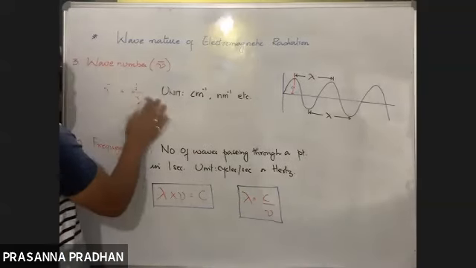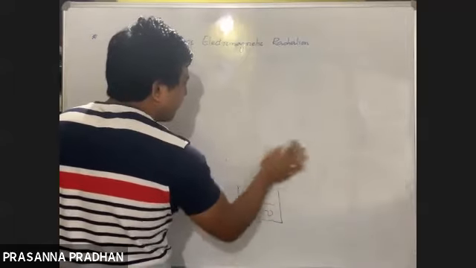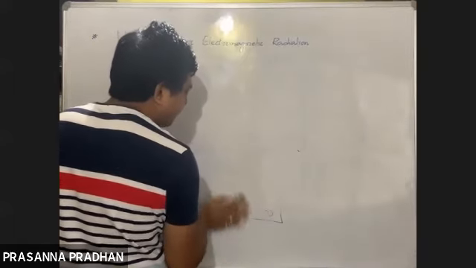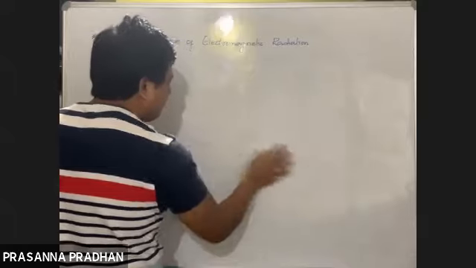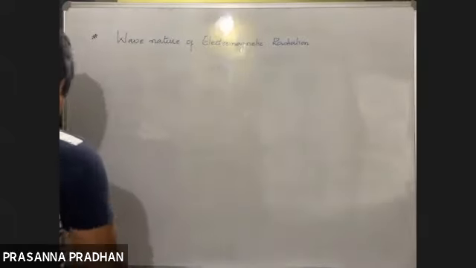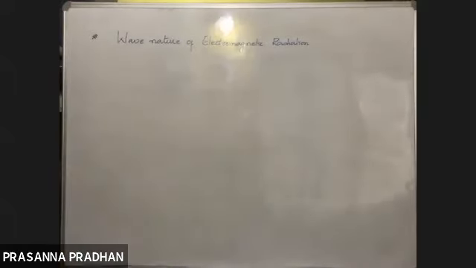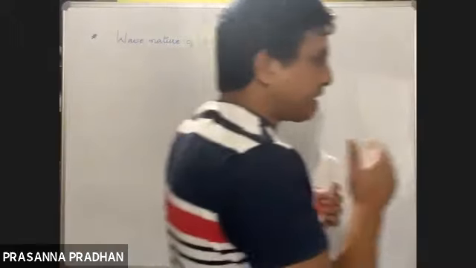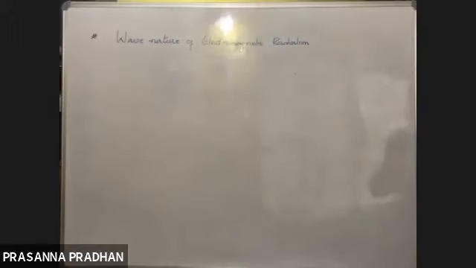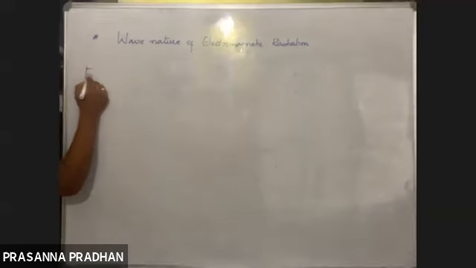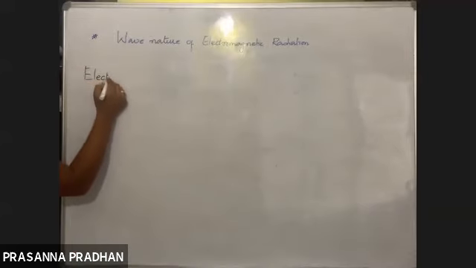Each electromagnetic radiation has a range of frequency or a range of wavelength. If all the electromagnetic radiations are arranged in order of increasing wavelength, we get a series known as the electromagnetic spectrum.